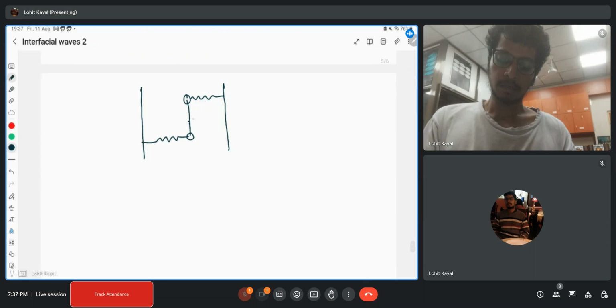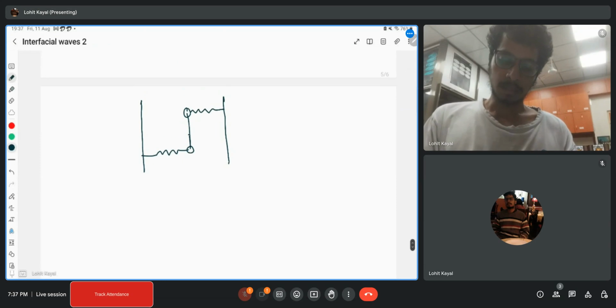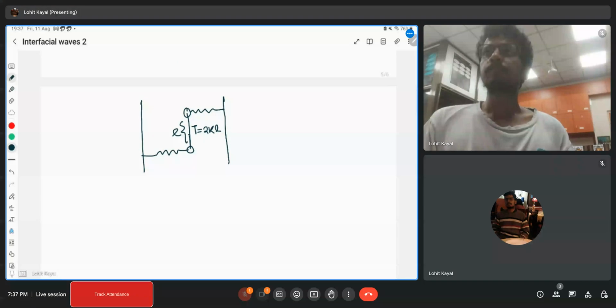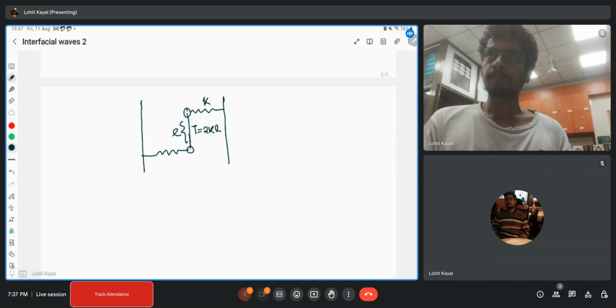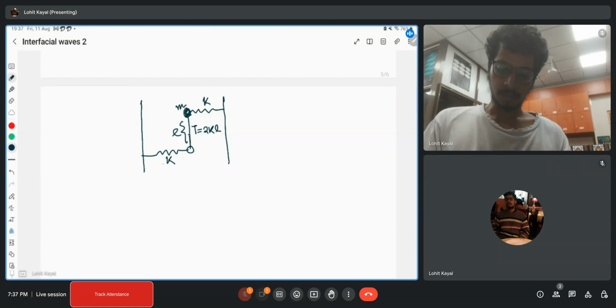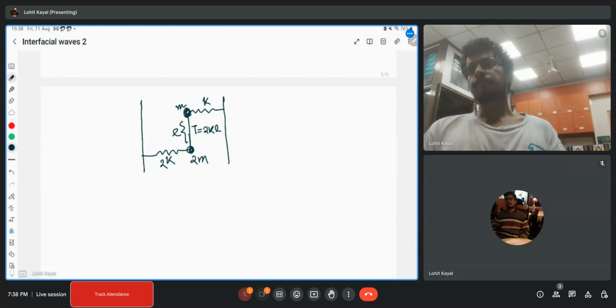So this is a string, and the tension in the string is 2k L. Its length is L. Now it has spring constant k and this object has a mass of m. Similarly, this has spring constant 2k and mass equal to 2m.